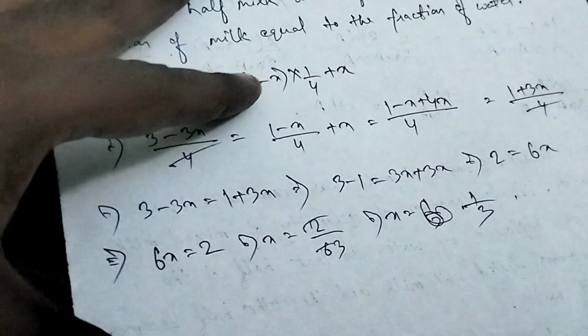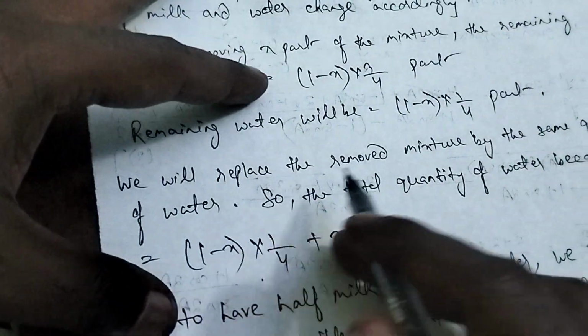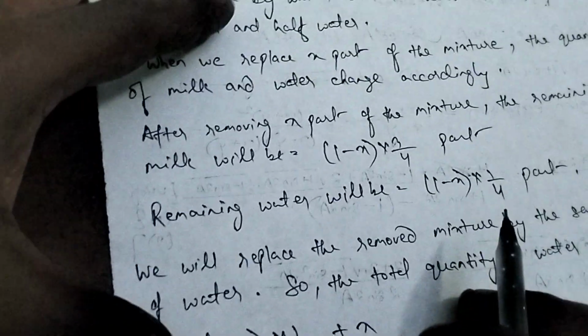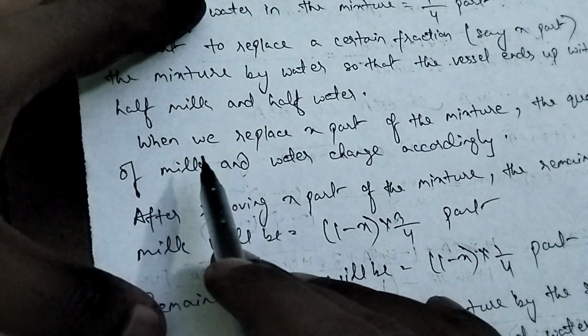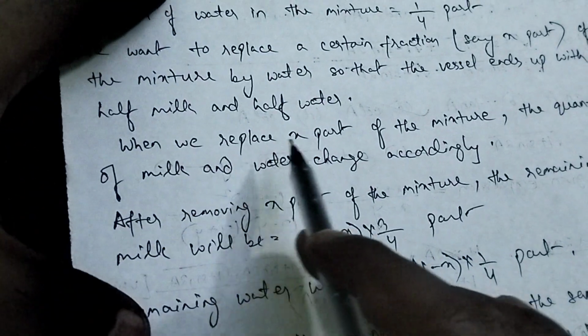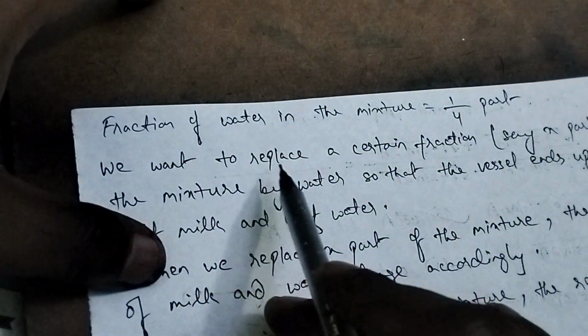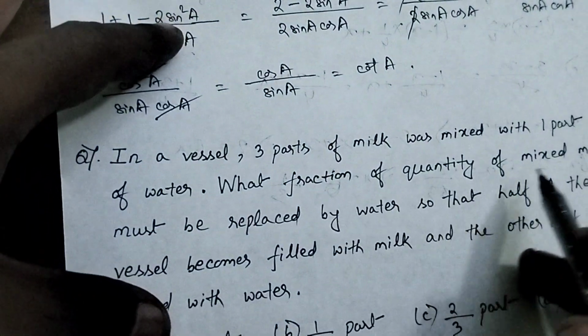So we will replace the removed mixture by water. When we replace x part of the mixture, what fraction of quantity of mixed milk must be replaced by water?